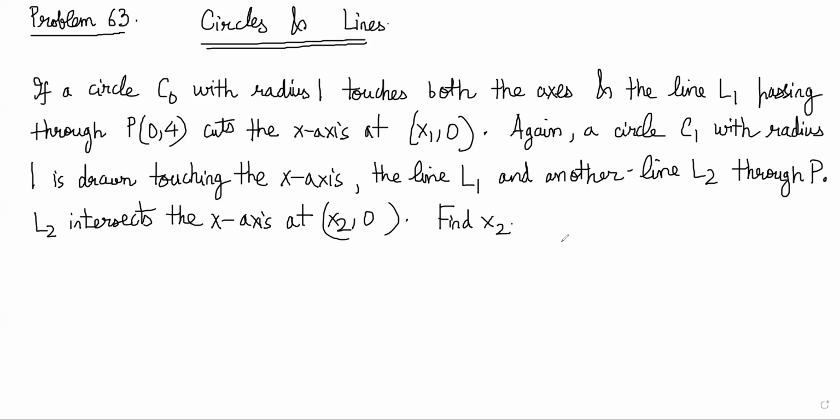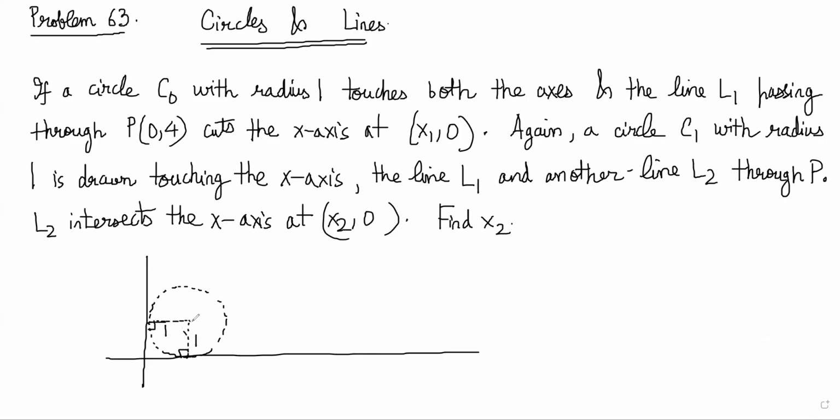Okay. So first of all, we need to understand the question and try to represent it with a diagram. So this is the situation. There is a circle of radius 1 that touches both the axes. So it should be like this, a circle like this. It has radius 1, and since it touches the axes, the center would be 1, 1, because this is perpendicular, and these are radii. So this center will be 1, 1. And it touches line L1, which is passing through 0, 4.